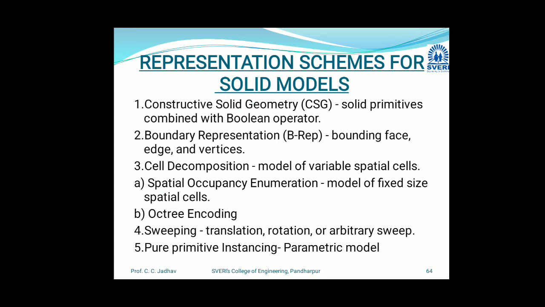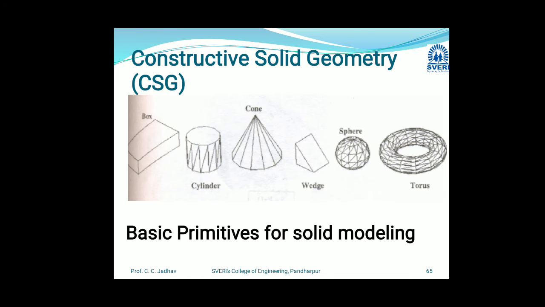First we will start with constructive solid geometry, that is CSG. It uses primitive shapes as building blocks and boolean set operations, that is union, intersection and difference, to construct an object.